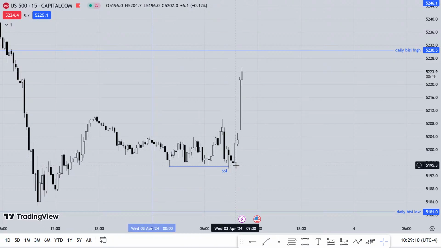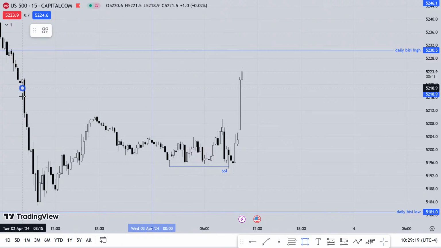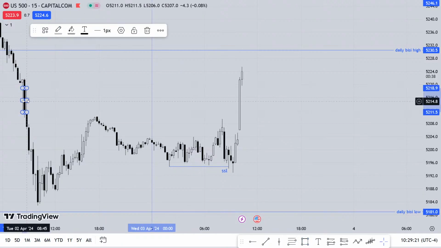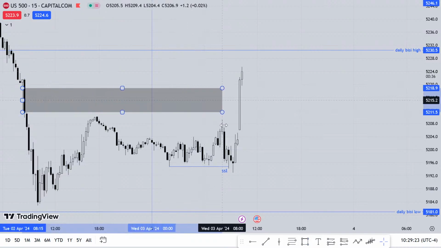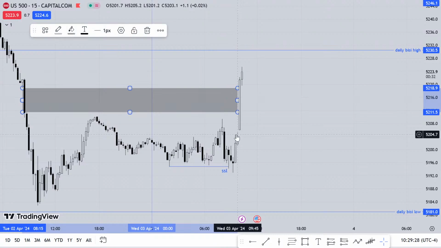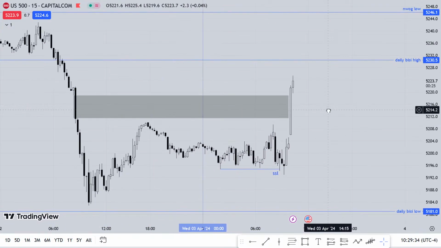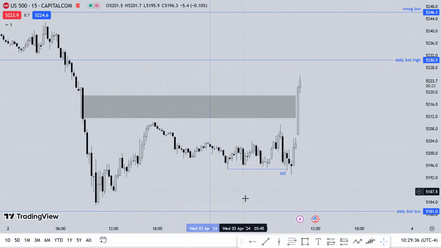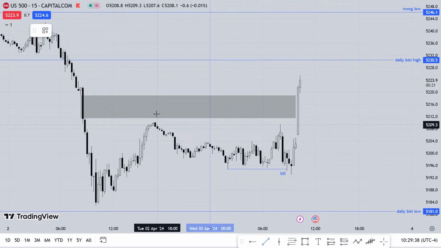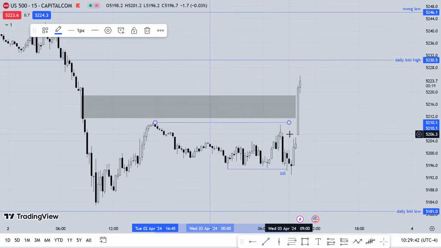Then at 9:30, equities opening price, it rallied higher, filling in this imbalance that was created here yesterday. So got this imbalance filled. So the narrative here being, let's see, which is about the buy side.